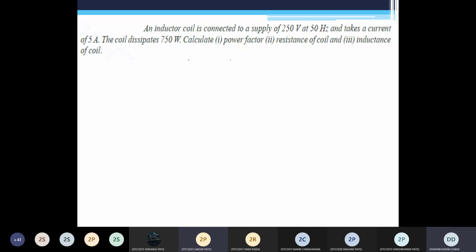I don't require the angle. 0.6, and it will be lagging. If you write only 0.6, it is the wrong answer because it is an RL circuit, so you must write down lagging. Okay, 0.6 lagging power factor.